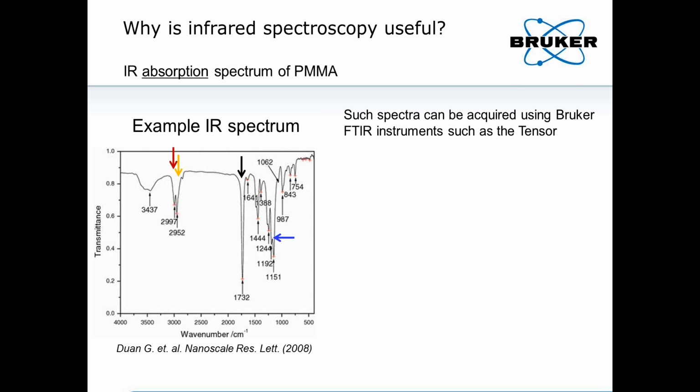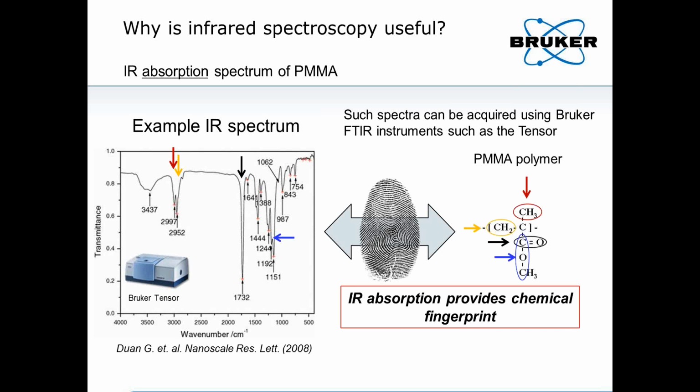So by measuring the transmission spectrum, we see the parts of the spectrum where the energy was absorbed, and we attribute these to absorption by the material. Now the individual lines in this spectrum are actually unique to the molecules which make up this polymer.